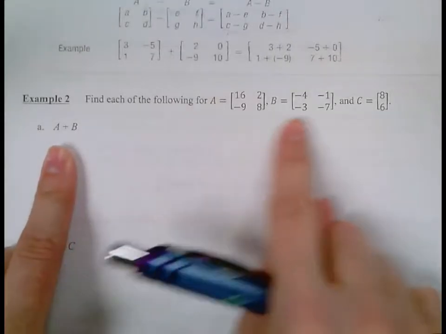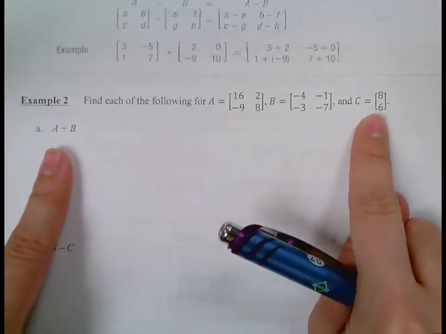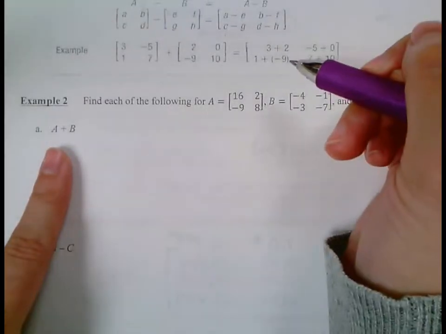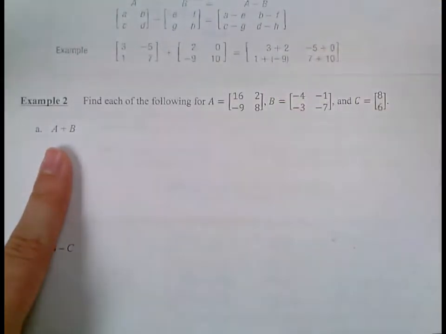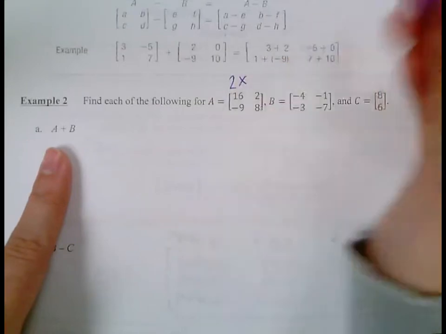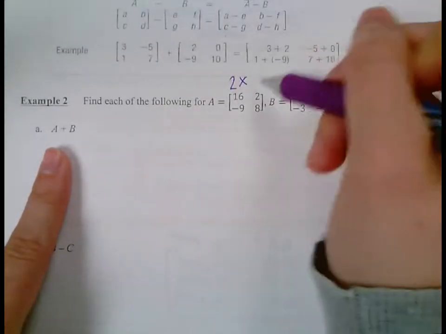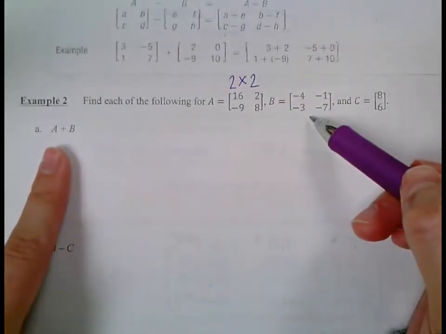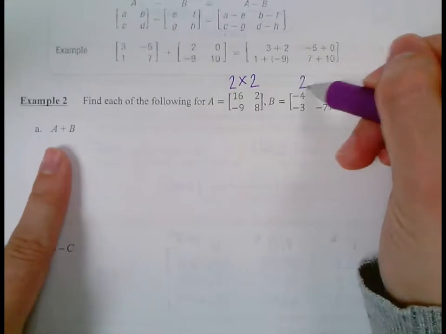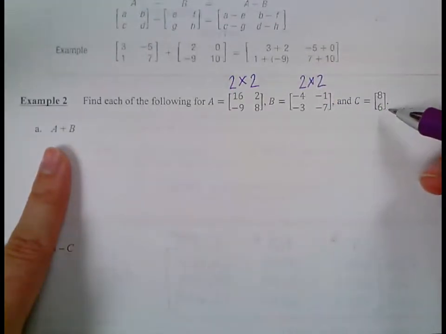So I want to look at these 3 matrices first and just list the dimensions. What are the dimensions of matrix A? So A has 2 rows. How many columns? 2. What about matrix B? 2 by 2. What about matrix C?